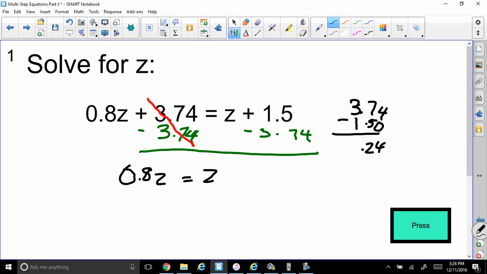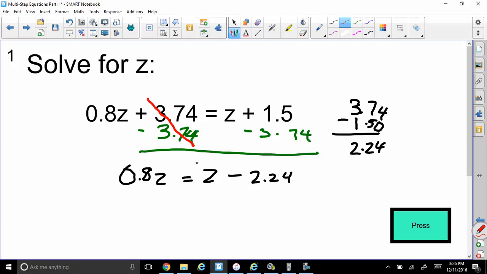Put my decimal down. And 3 minus 1 is 2. I have to choose the sign of the larger number, which is 3.74, so I'm going to choose a negative and make that 2.24.